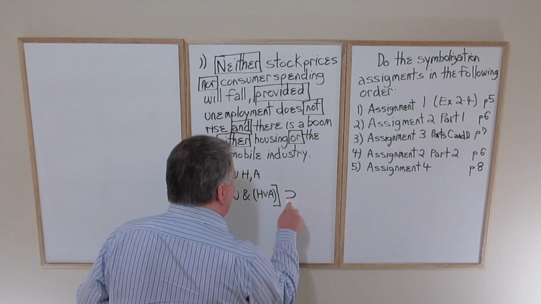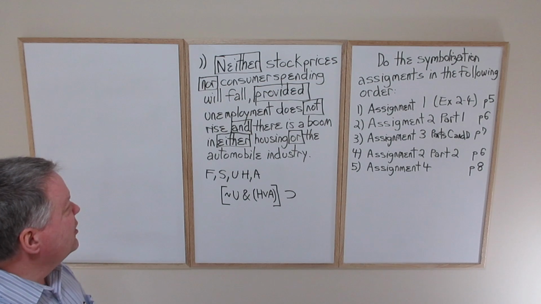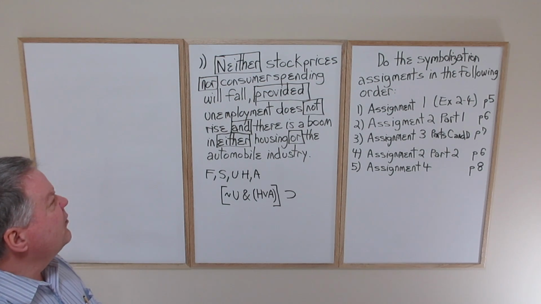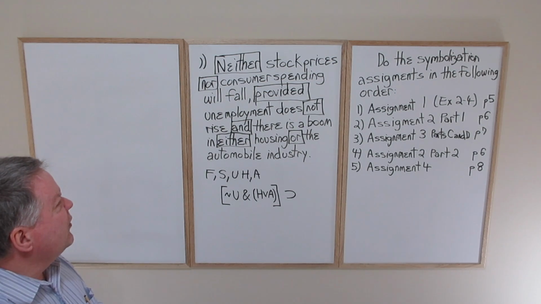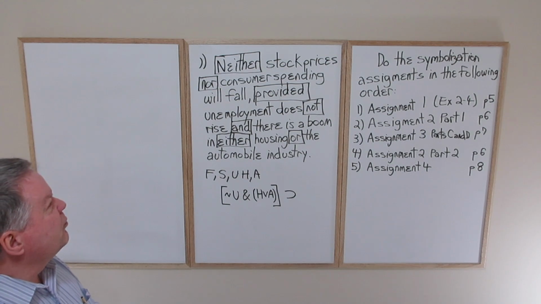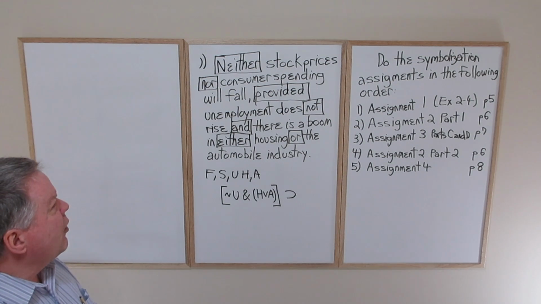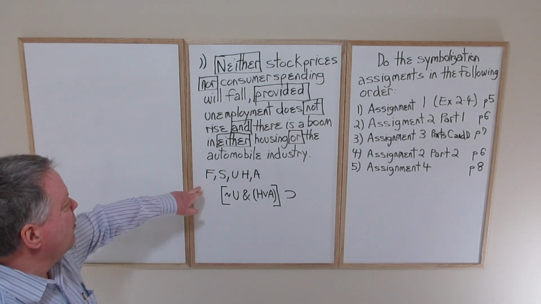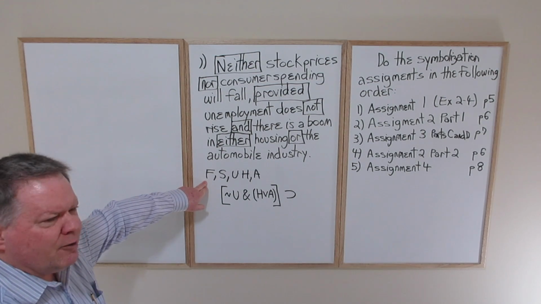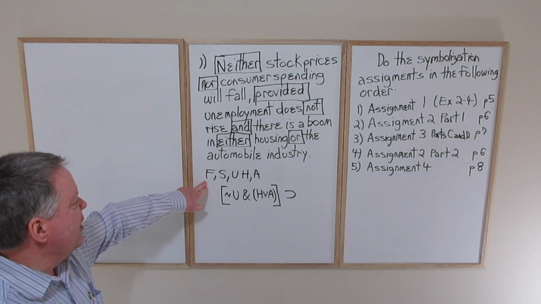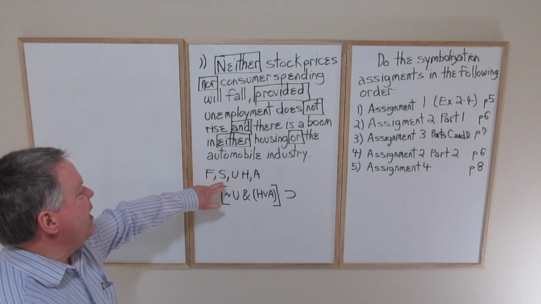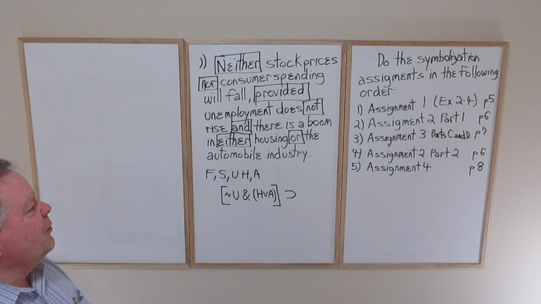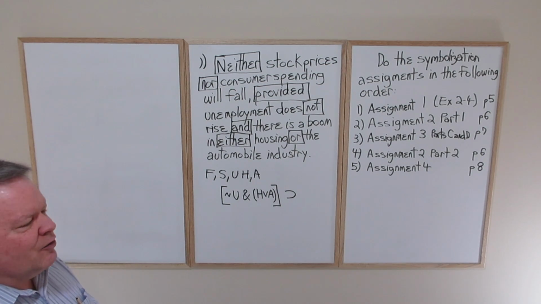All of that then is the antecedent of the conditional, and the consequent of the conditional is the stuff before the word provided. Neither stock prices nor consumer spending will fall. F stands for stock prices will fall. S stands for consumer spending will fall. Neither of those things are going to happen.